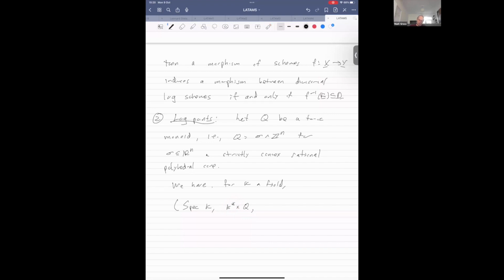And now I have to define alpha X of an element RQ of this product: it is R if Q is equal to 0 and 0 if Q is not equal to 0. Okay, so it's a little bit funny. But notice that alpha X of RQ is 0 as soon as Q is non-zero.